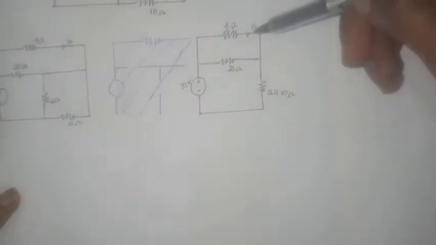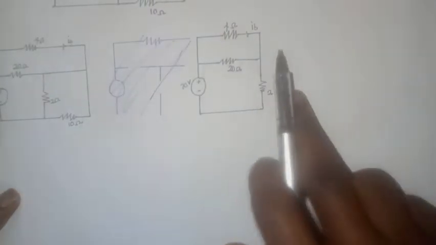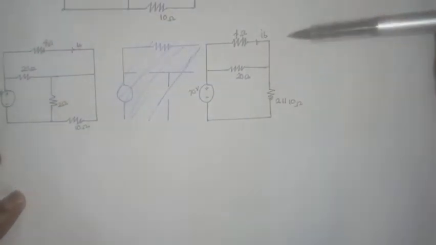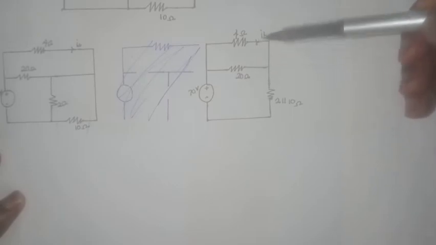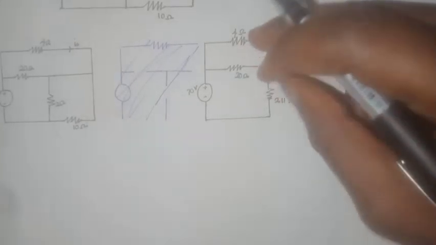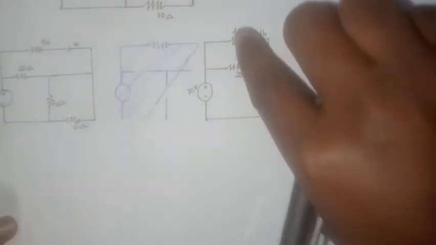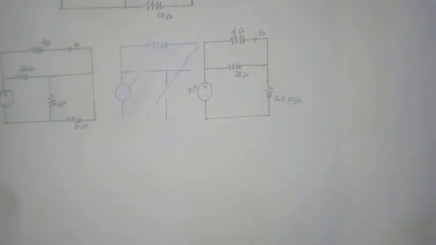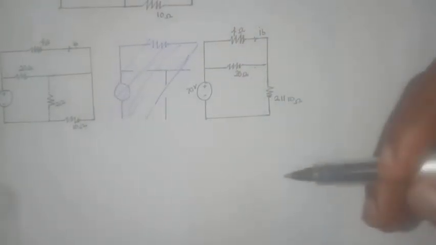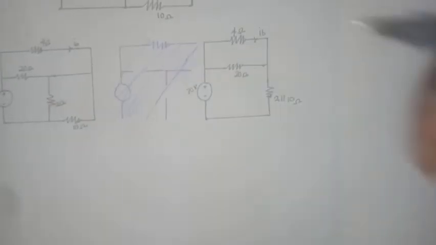So you notice that you can combine this into one parallel resistor. Then you can combine these two into another parallel resistor, so that the resultant is two resistors in series, and that circuit will look something like this.